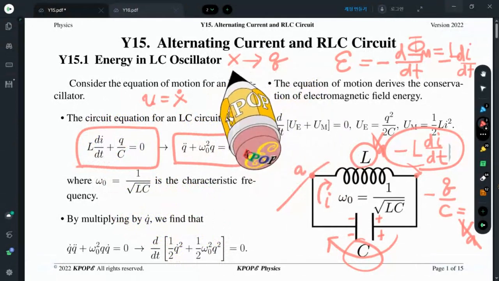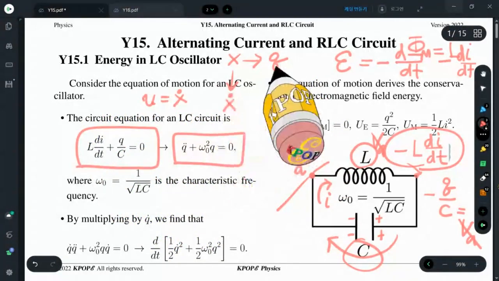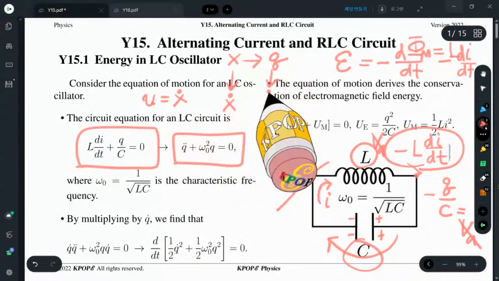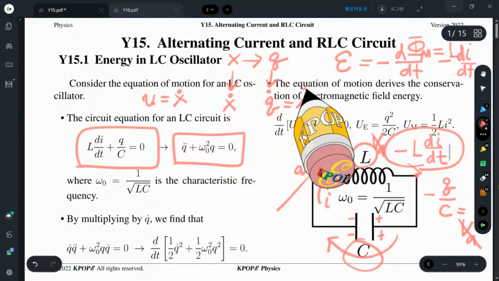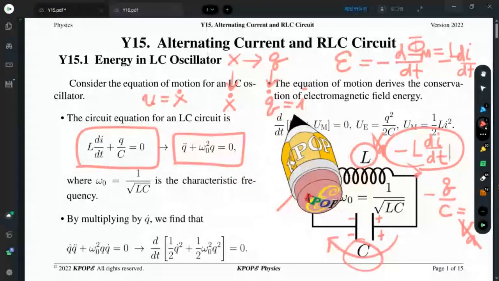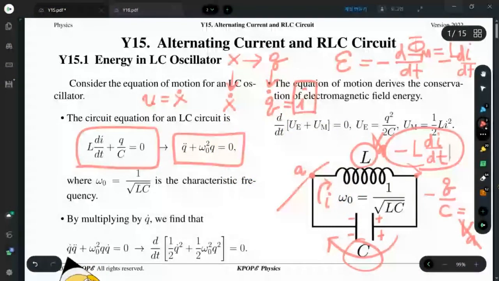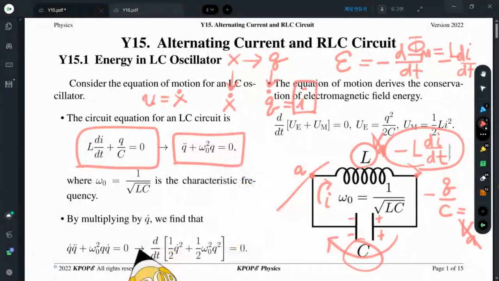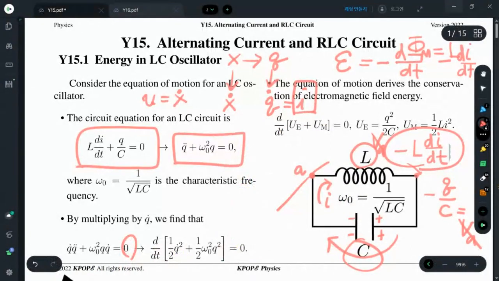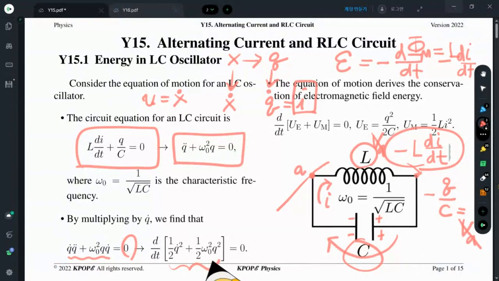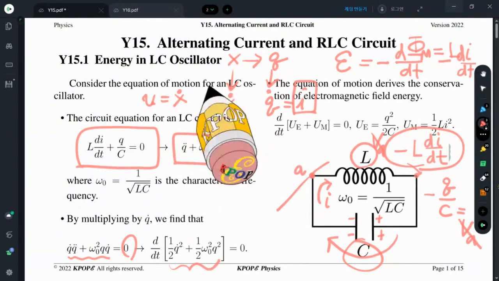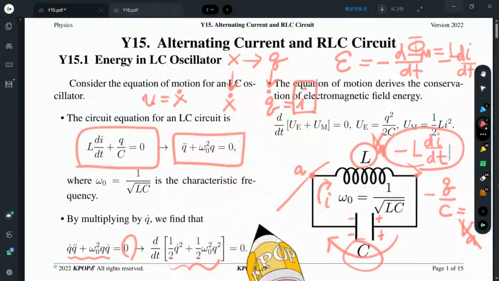So what is the time derivative of charge? This is current. If we multiply by this current on both sides, the right-hand side is still vanishing, and the left-hand side becomes the total time derivative of something that is the Hamiltonian, the total mechanical energy in the case of a simple harmonic oscillator.